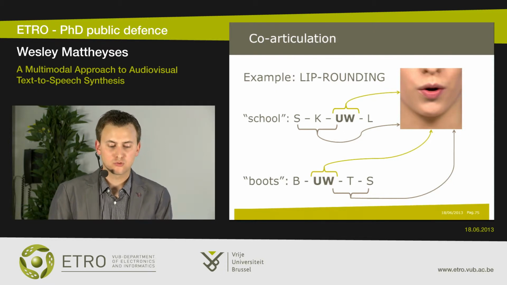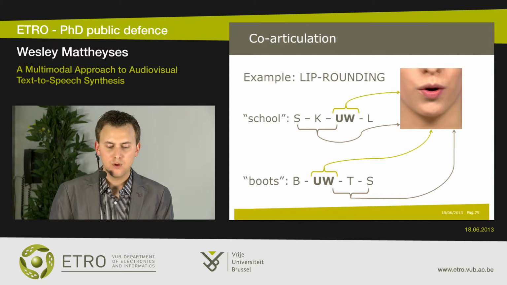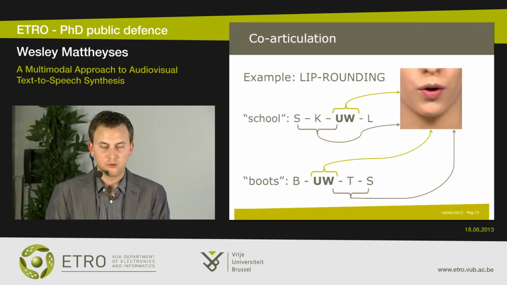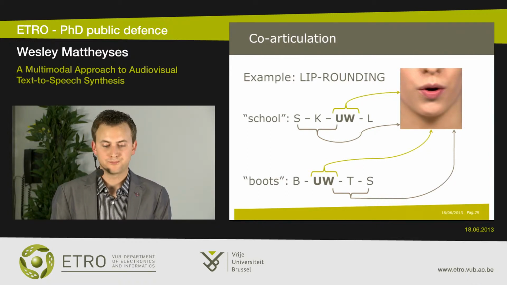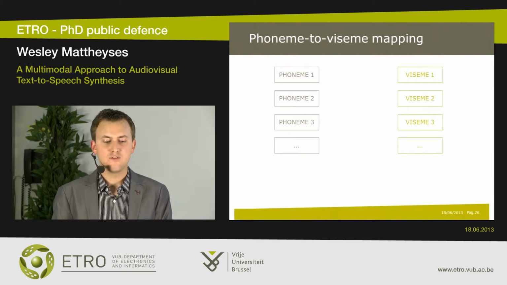For instance, in the word school, the visual representation of the k phoneme will show a lot of lip rounding. But this is not true for other instances of the k phoneme in other words. So the k phoneme here is affected by coarticulation. Now, due to this visual coarticulation, we have this behavior.